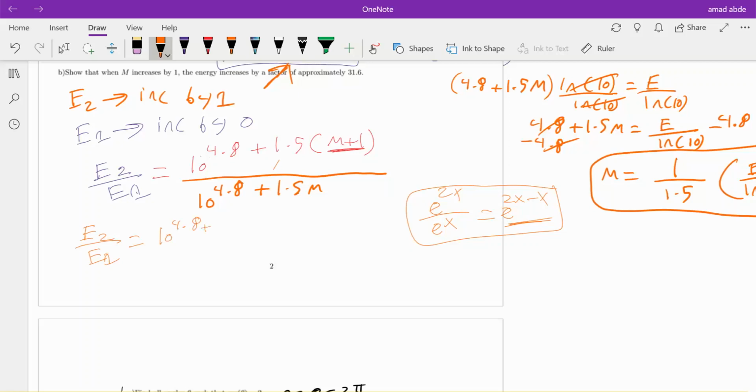The 4.8 would cancel out with the other 4.8, and the 1.5m would cancel out with the negative 1.5m. So the only thing we're going to be left with is 1.5 times 1, which is just 1.5.